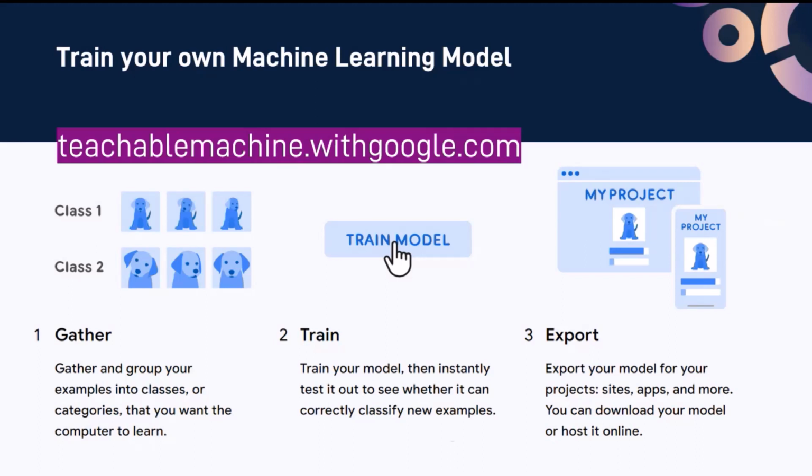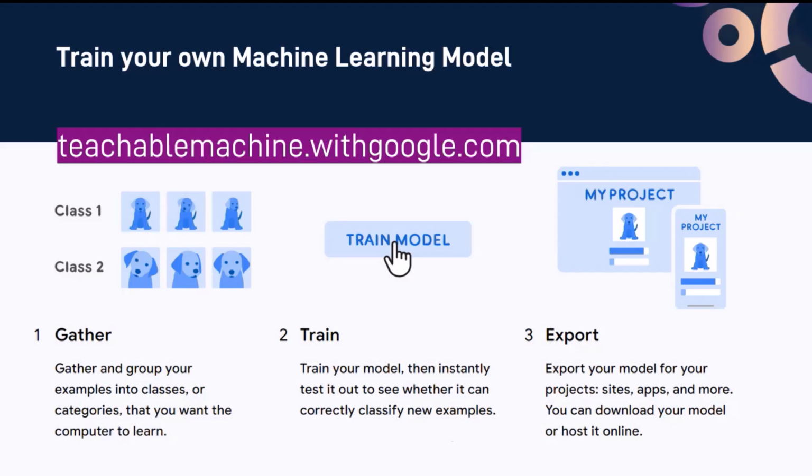Another tool that I wanted to show you is called Teachable Machine. This is a tool developed by Google. It's an educational tool, and it is very good for us to help us basically learn more about machine learning and how it works, because it enables us to build our own model by training the model ourselves in any way that we want.